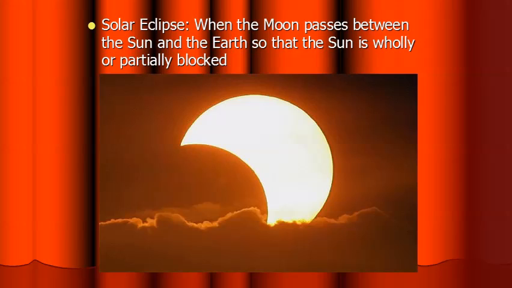Now let's talk about a solar eclipse. So we just talked about a lunar eclipse, when the moon is eclipsed. Now let's talk about a solar eclipse. And just take a look at this picture for a second and take a look at this area right here. So what is making that happen to the sun?